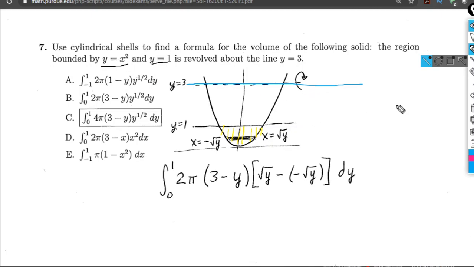That means using cylindrical shells will have to be dy, as the height would be this way, and the radius from the rotating axis will be this way.